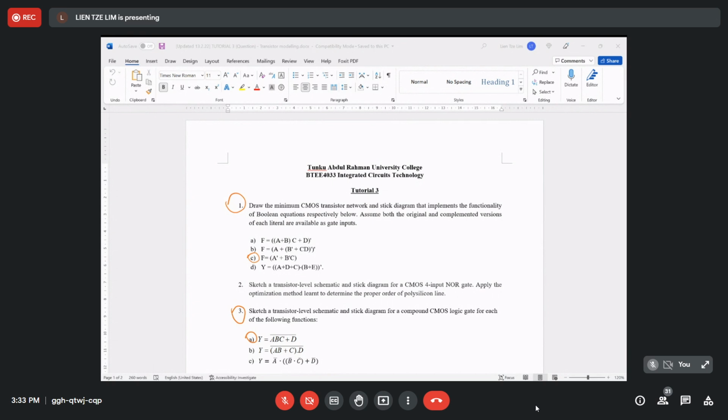For question 1C, it's not difficult. It is quite easy. If you do the revisions and understand what is covered in the lecture, you should be able to draw the schematic diagram as well as the stick diagram. To save time, I will directly show you my answer.